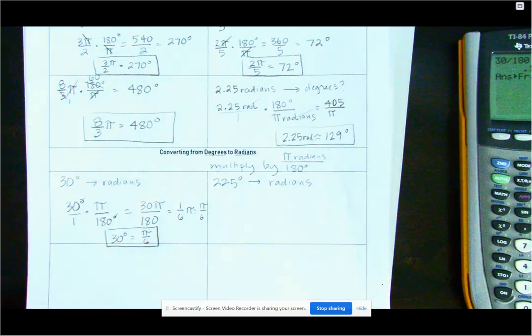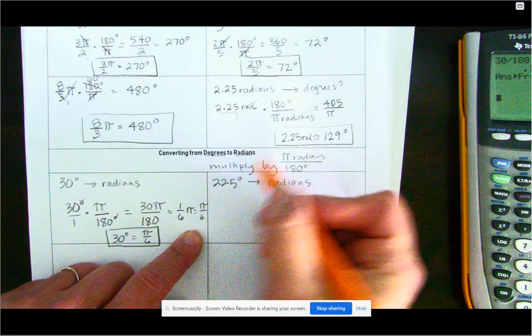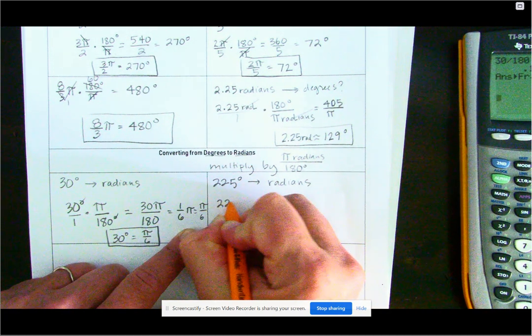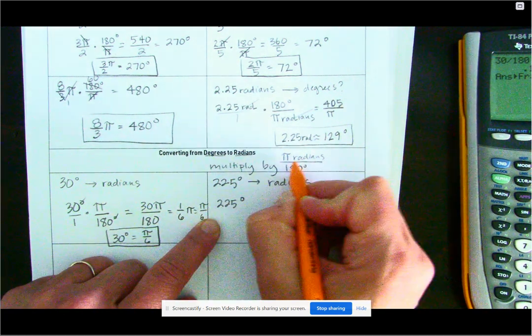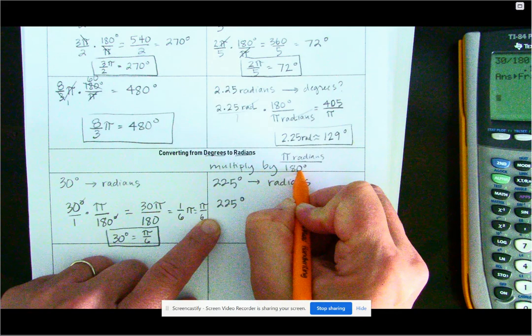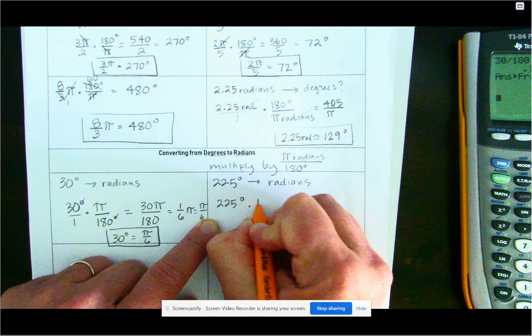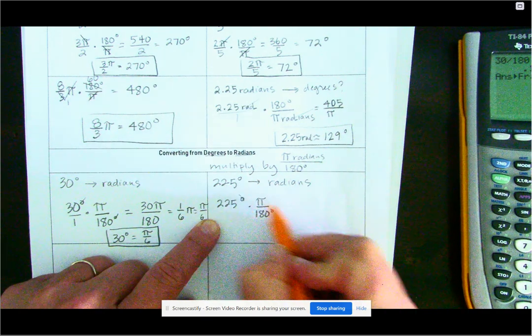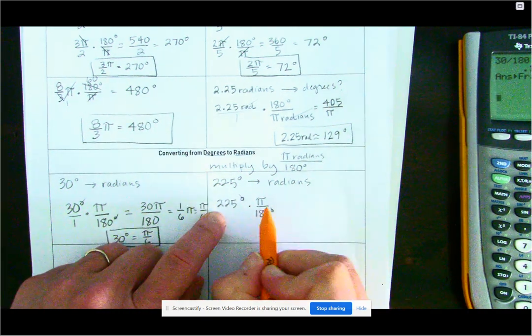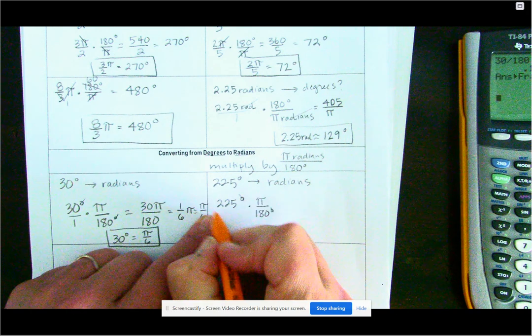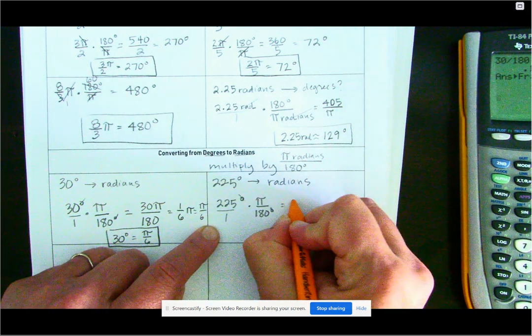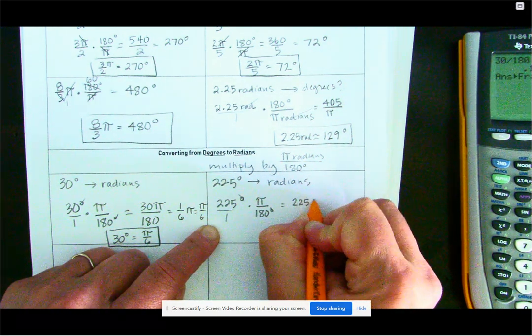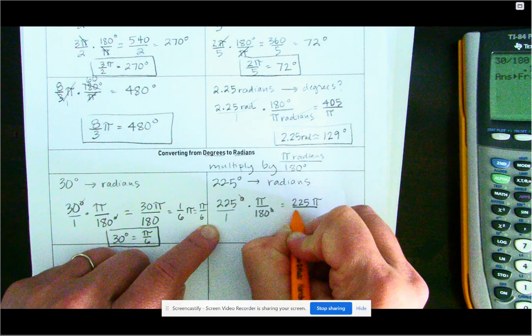So we're keeping it in terms of pi and we are using a fraction and simplifying it. So we have 225 degrees. We're going to multiply it by the conversion factor pi radians over 180 degrees. So the degrees cancel out, it's just the unit, and you're left with radians. So we have up top 225 pi over 180.